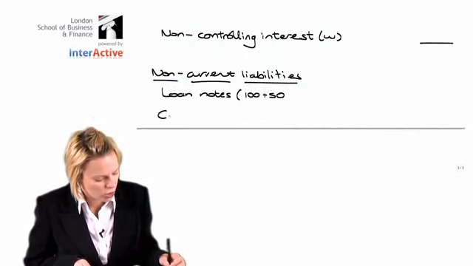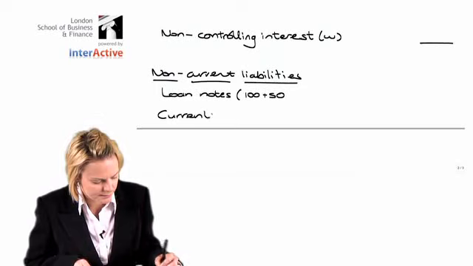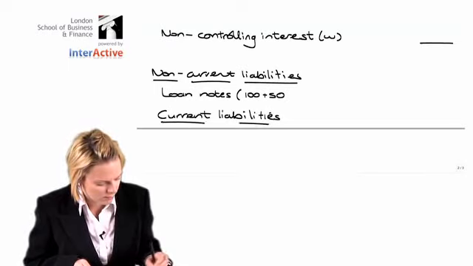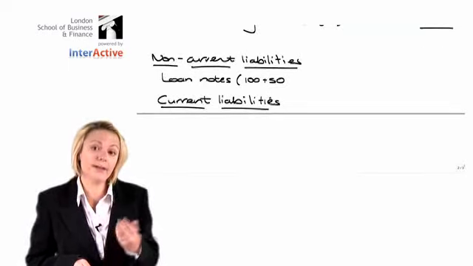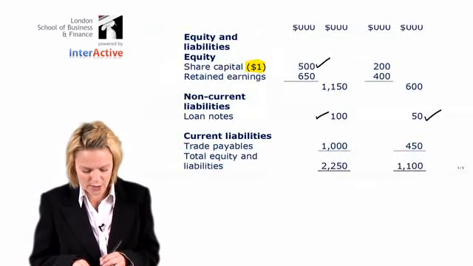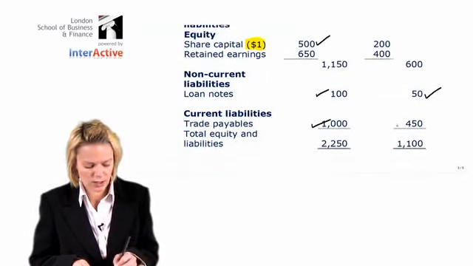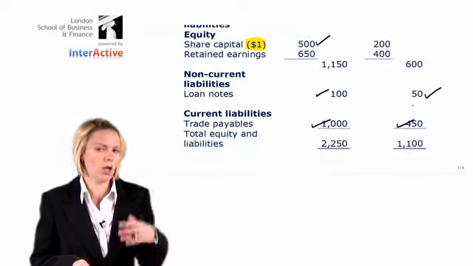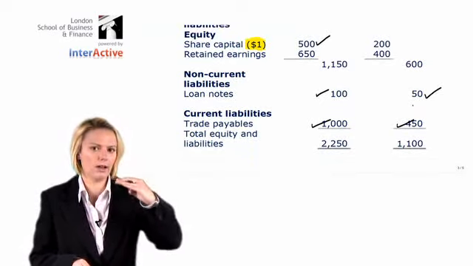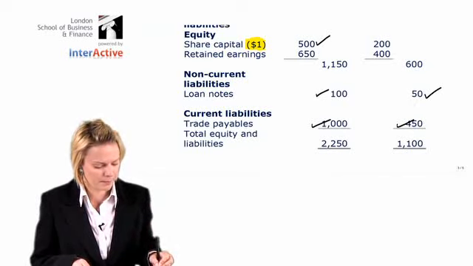Finally then, we have current liabilities. And if we look at the question, current liabilities, we had some trade payables, parent plus sub. So any assets and liabilities consolidate on a line-by-line basis.